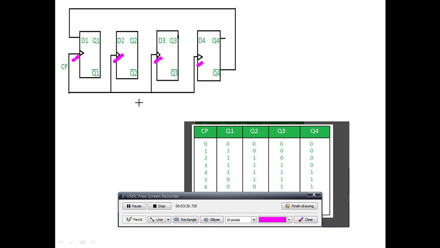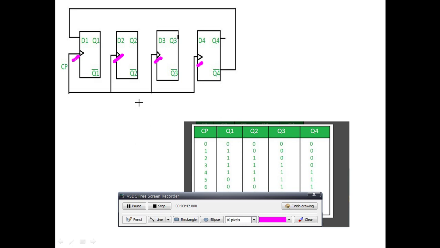So here the previous values are 1 0 0 0. These all values will be shifted by the next pulse, as this one will become 1 here and this one will be shifted to here as 1.